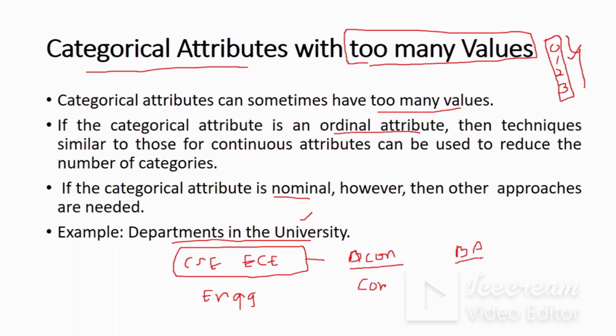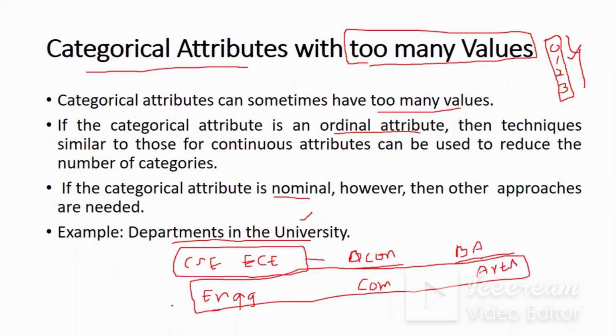Then BA and all these are going to be in a category called arts. Now all these departments are categorized into only three categories: engineering, commerce, and arts. That is the way in which categorical attributes with too many values are reduced, so we get fewer categorical attributes from a huge number of categorical attributes.